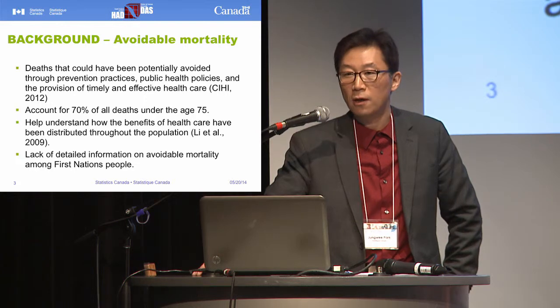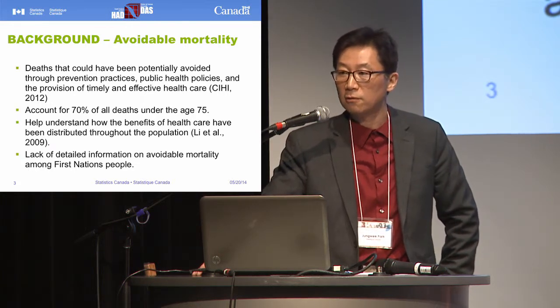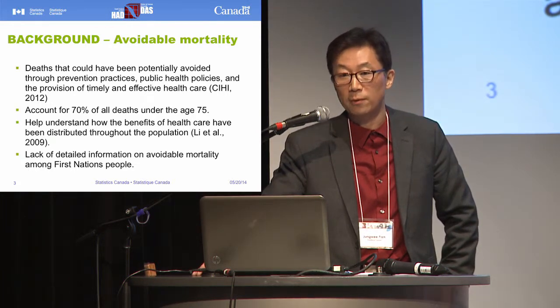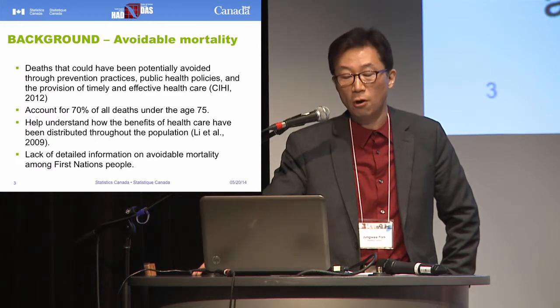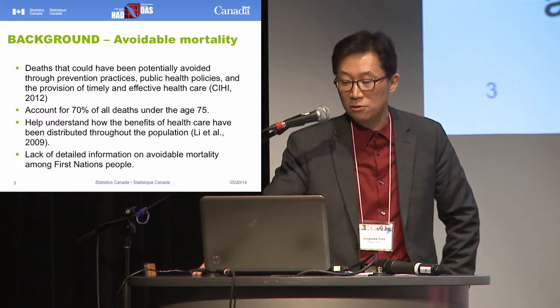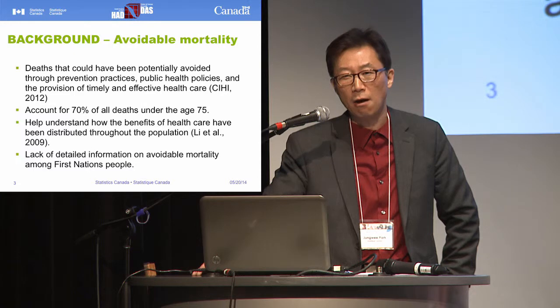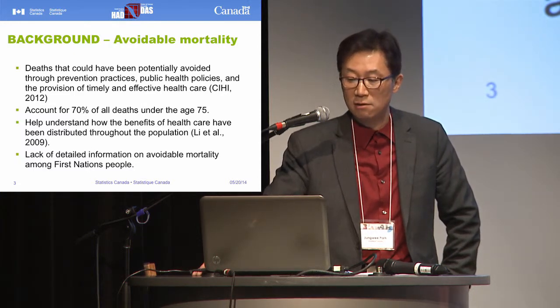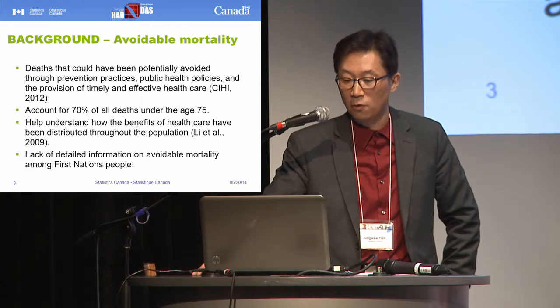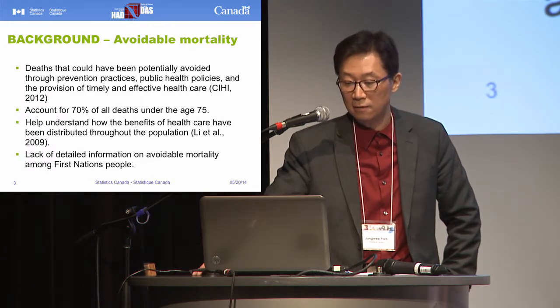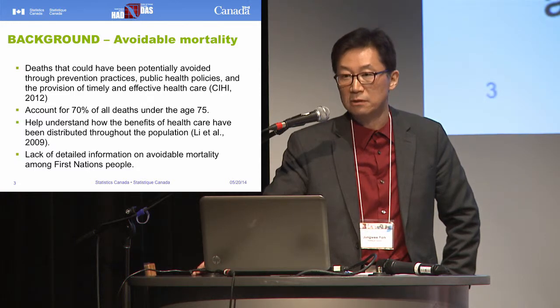And we expect that the distribution of these avoidable deaths is not really equal. Specific populations and specific causes of death may be more prevalent in terms of avoidable mortality, as has been pointed out in the previous literature.